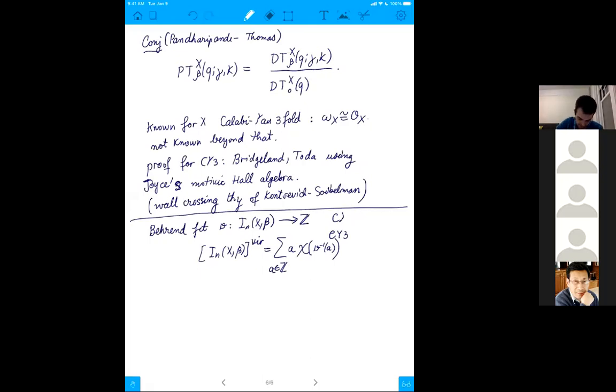So what is the origin of this Behrend function? Once again, it's very important here that we use Calabi-Yau locally near P. The space is given as the critical locus of a function on a smooth space.